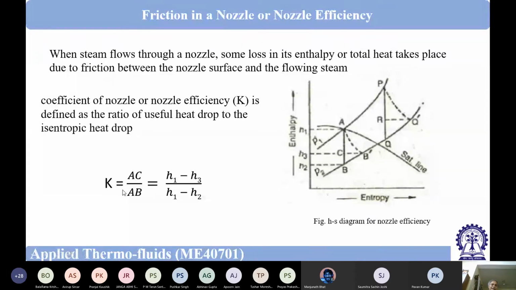And AB is the ideal drop according to which the nozzle could have worked. And we could have got more velocity increase. So AC by AB, that is H1 minus H3 divided by H1 minus H2, and this is called nozzle efficiency.